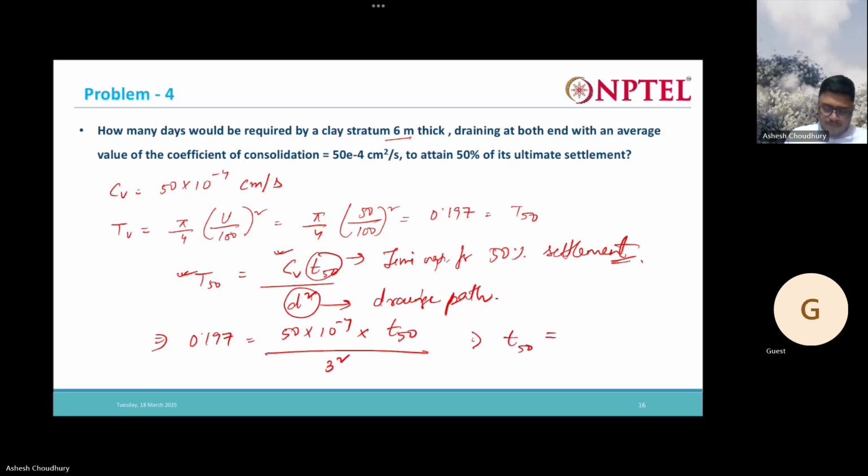Please calculate this and check how much T50 you are getting. Put the units. I have put this in centimeters, and CV is in centimeters, so it will be 300 square. Take care of the units.